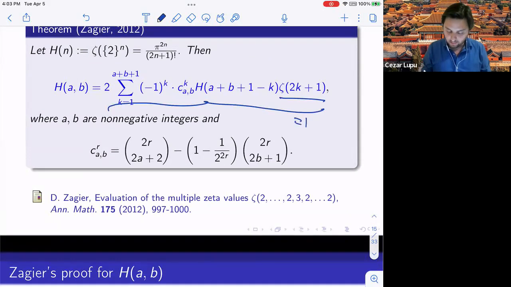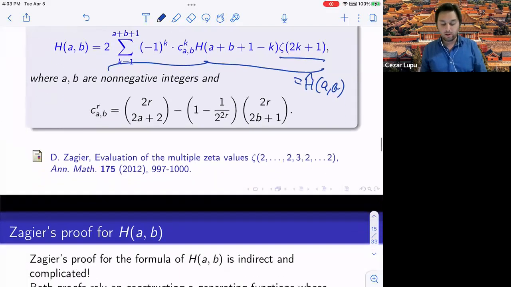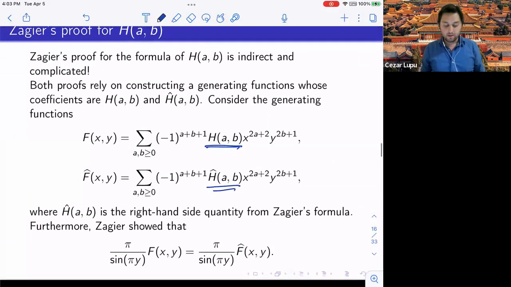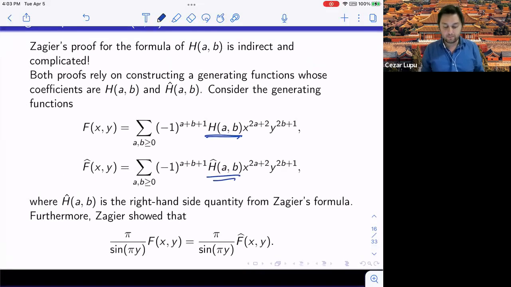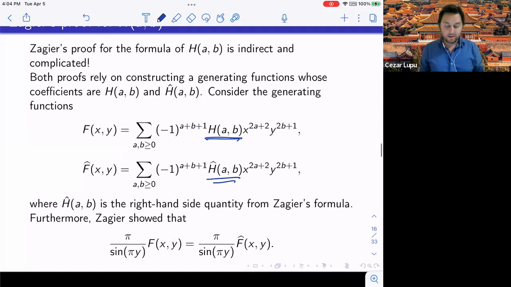So he shows that these two are equal indirectly. In other words, he showed that these two functions are entire functions of exponential growth which agree at sufficiently many points. In this way, the equality of the two functions can be forced, and therefore these two coefficients will be equal. So that's the proof of Zagier.